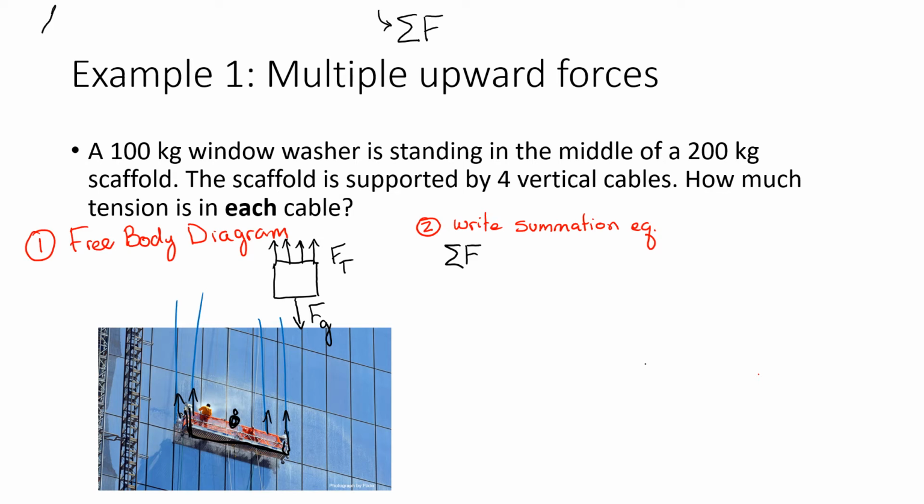And just like delta meant change in something, if we have delta x, we have change in position. Delta v means change in velocity. Same thing with sigma. Sigma means add up all of the whatevers, and in this case it's all the forces. So this is another way of writing the net force.